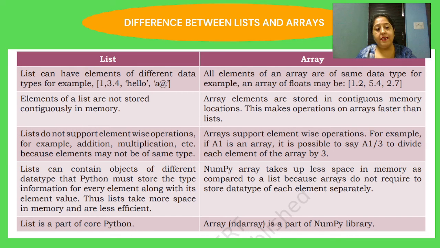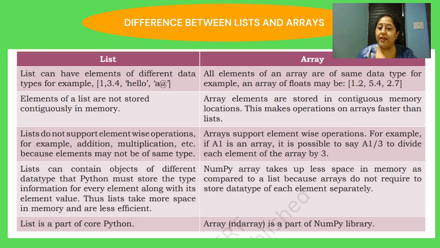Third difference is that list does not support element-wise operations. For example, addition, multiplication. Why it doesn't support? Because the elements may not be of the same type. You might need to add 3 to all the elements of the list, but the first element being integer will allow this, but the second and third element being string will not have a valid operation as addition with respect to a number 3.